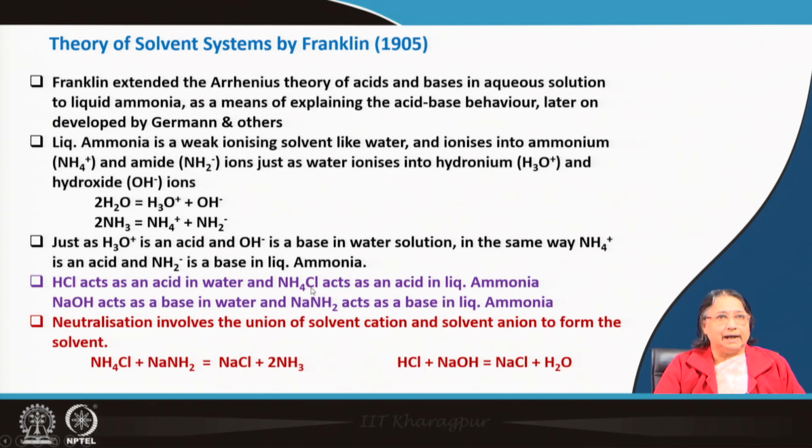If we extend this in terms of the acid base reaction, in aqueous condition HCl and NaOH, we all know, give salt and water. Similarly, ammonium chloride and sodium amide give NaCl and NH3. So, these types of reactions could be explained by Franklin very nicely.